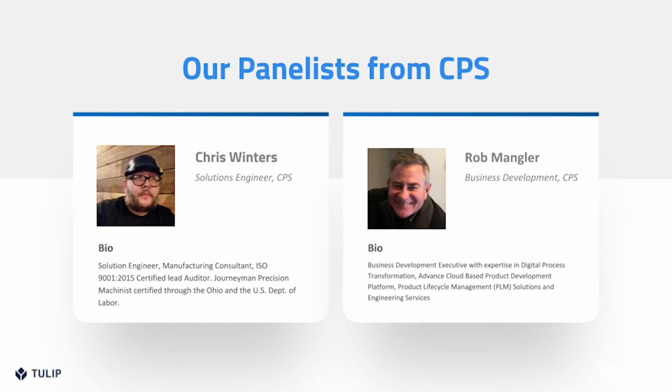And we help our clients clearly see and manage their processes and their data, and make intelligent business decisions. The CPS team works with companies to improve manufacturing efficiency on their shop floor. Tulip, a CPS partner, is building technology that puts people back at the center of manufacturing. And that's why we're here today.